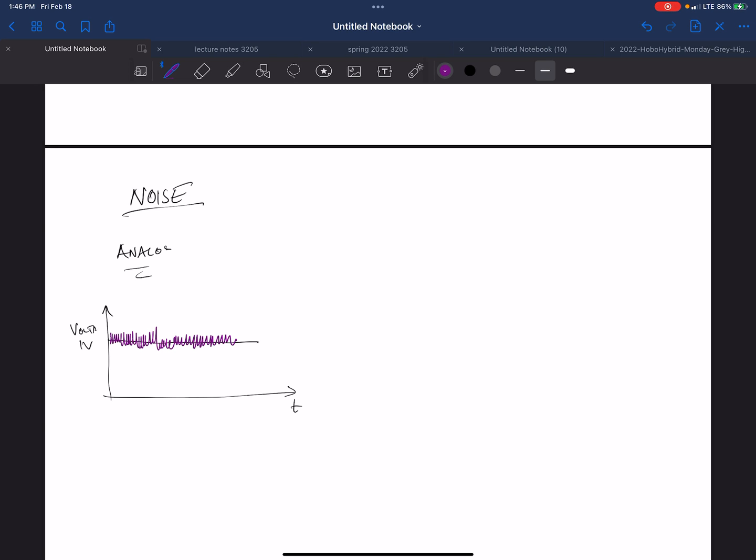You just turned on your power supply. Nothing else is switching. Nobody's cell phone is on. No clocks are going in your systems. You just have this noise. The reason I call it noise, as I'm sure you know, comes from audio. When there's no music, you can still hear this noise. It's really an unwanted signal on top of your wanted signal. That's the definition of noise.